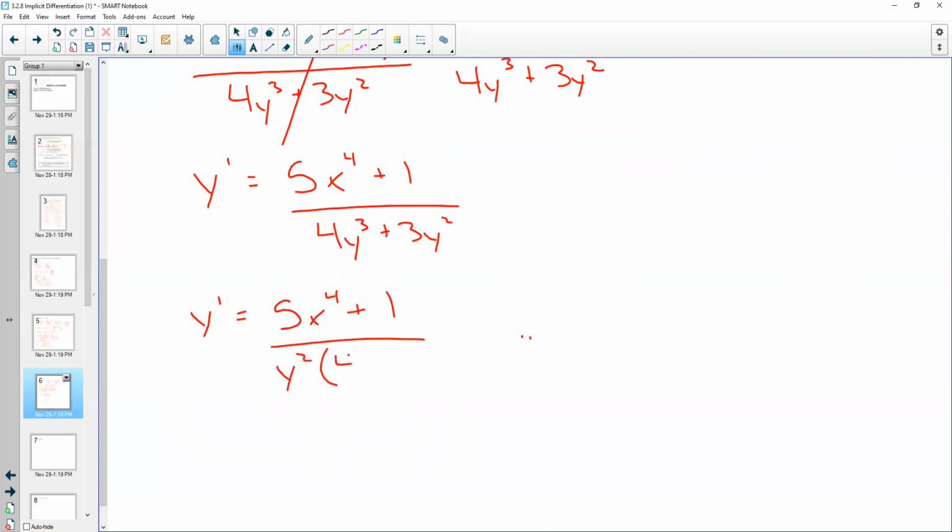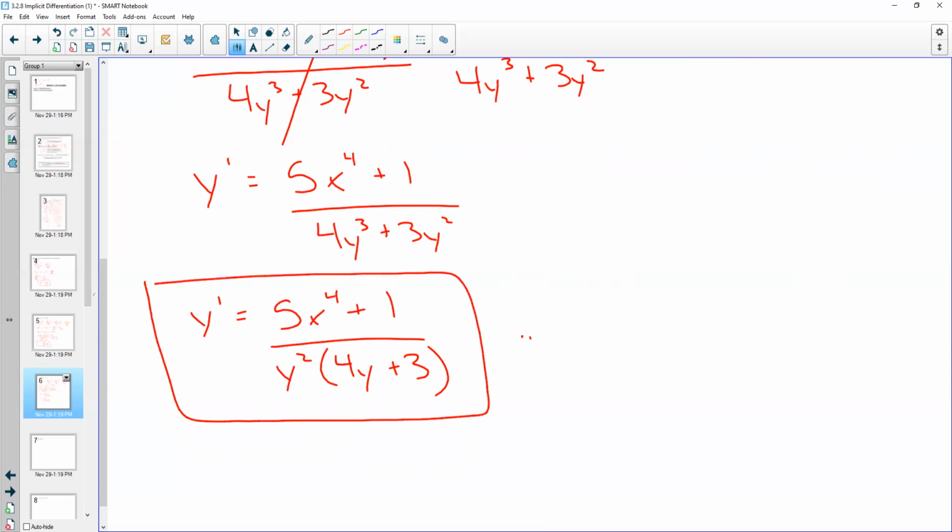That will give us 4y plus 3. I thought everyone's fine, right? If you leave it here, that's fine by me. If you want to be one step higher, you could feel free to factor that, but I'm okay if it's at this point here.